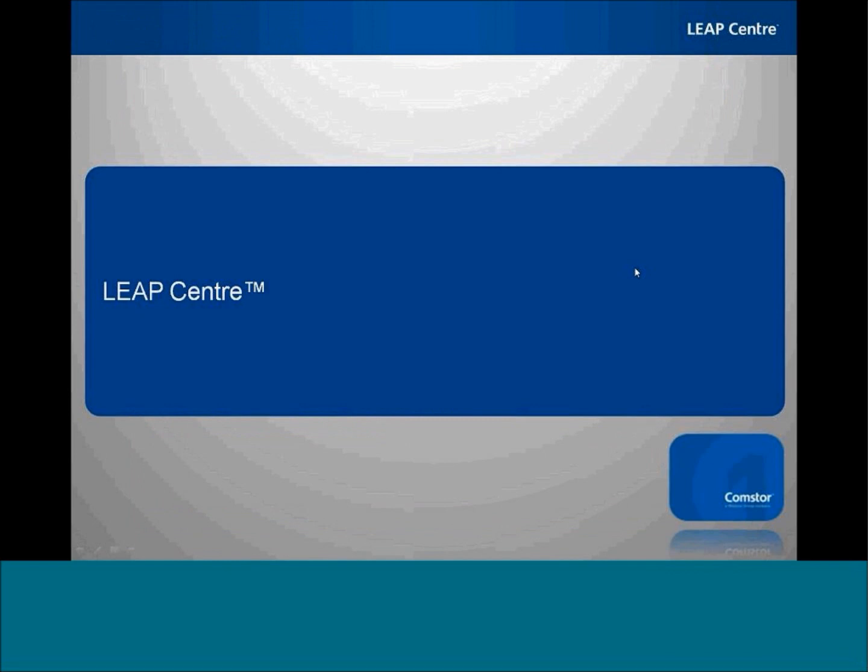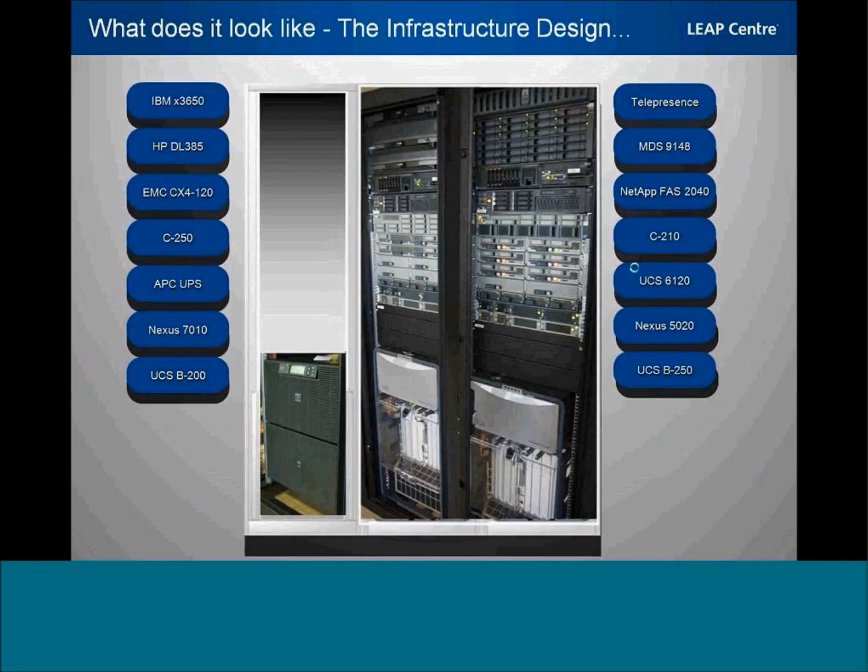Just a quick look at the Leap Center. Here's a photograph of the Leap Center in Brussels, and you'll see down at the bottom we've got a pair of the Nexus 7000s, the 7010s. Coming further up, we've got the Fabric Interconnects, a pair of Nexus 5000s, the 5010s. We've got the B-Series chassis. Here you can see we've got some B250s, B200s, and C-Series servers, so C210, C250.